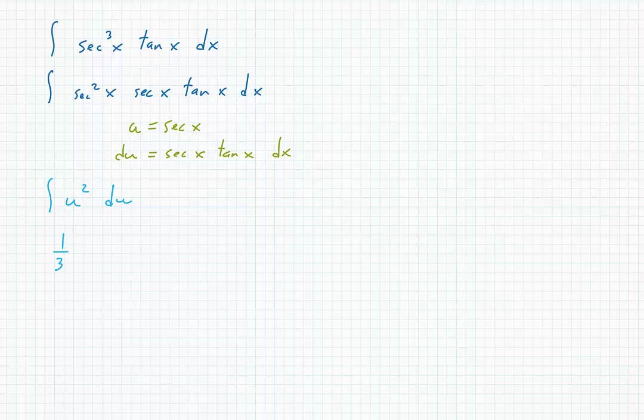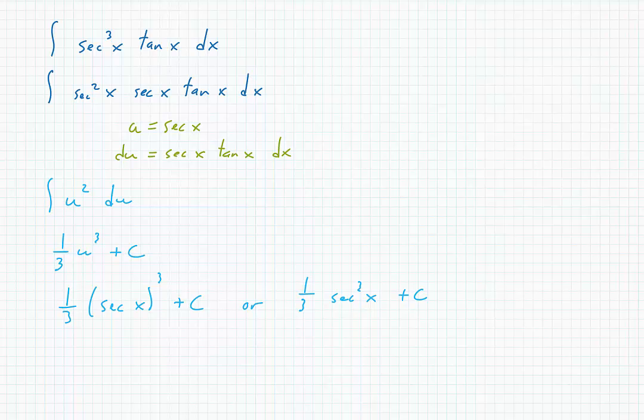Antiderivative is 1/3 u to the third plus c, and therefore my answer is 1/3 secant x cubed plus c, or if you prefer, 1/3 secant cubed x plus c.